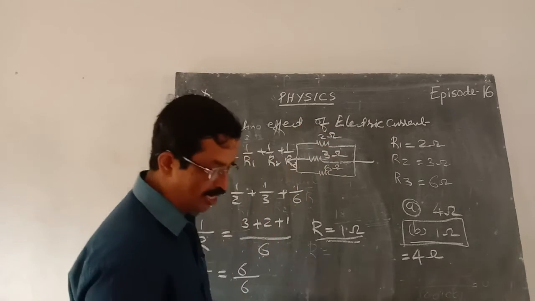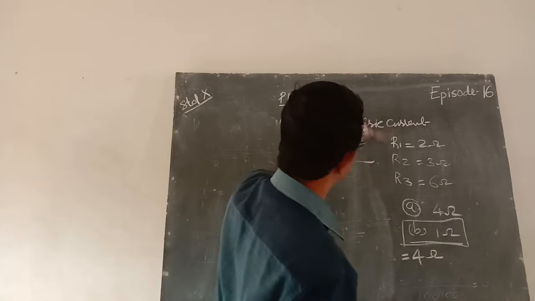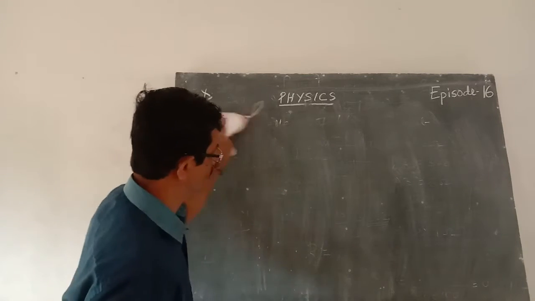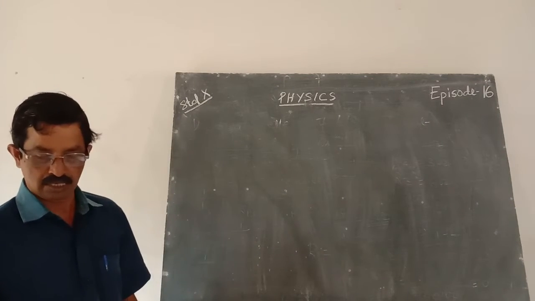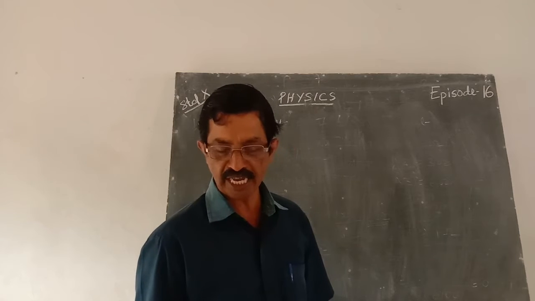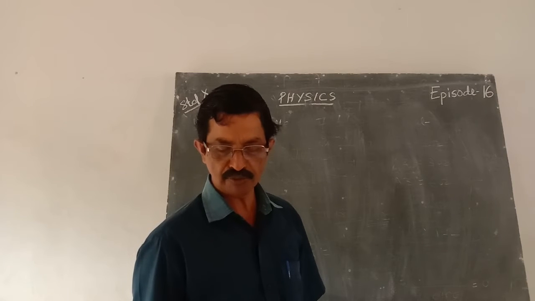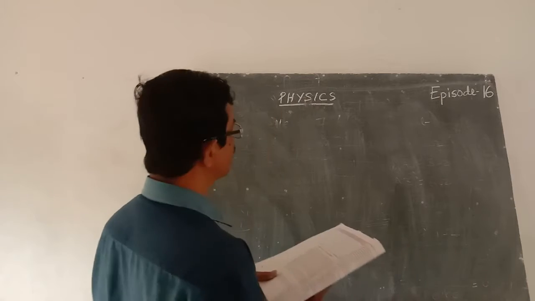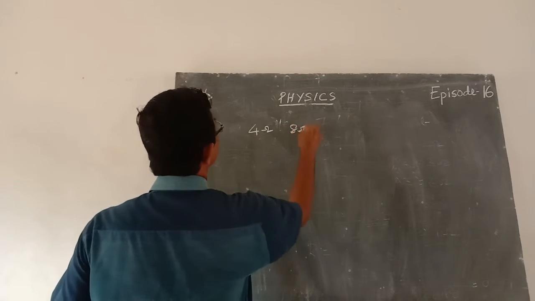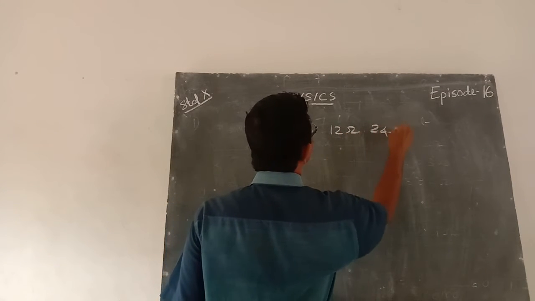Now another question given here is: what is the highest and lowest total resistance that can be secured by connecting a combination of 4 coils of resistors of resistance 4 ohm, then 8 ohm, then 12 ohm and 24 ohm.